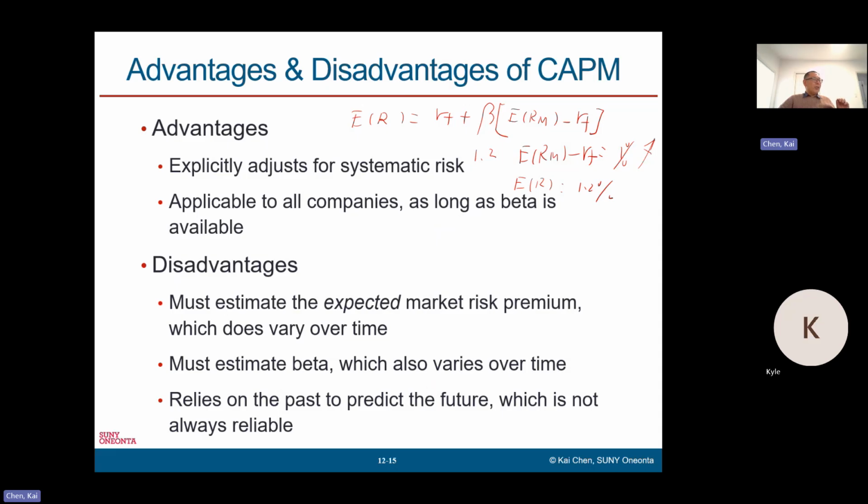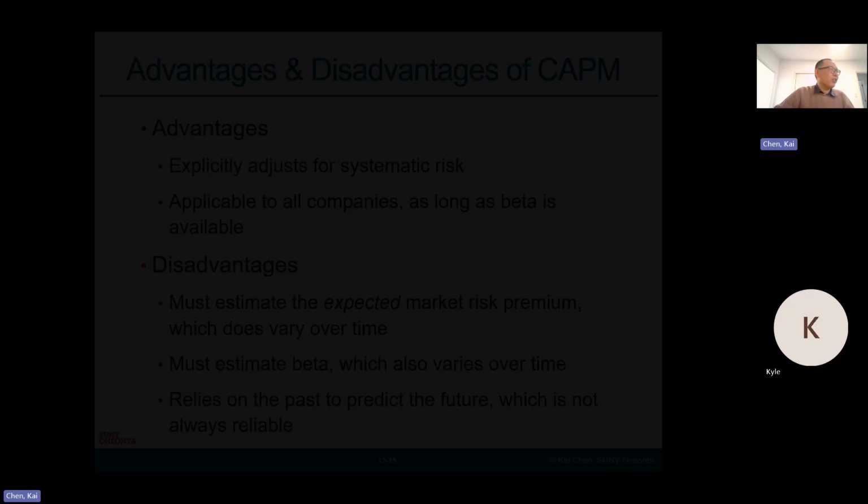This model relies on the past to predict the future, which is not always reliable. In this case, we have to make an adjustment based on our prediction about the future. So those are the advantages and disadvantages.